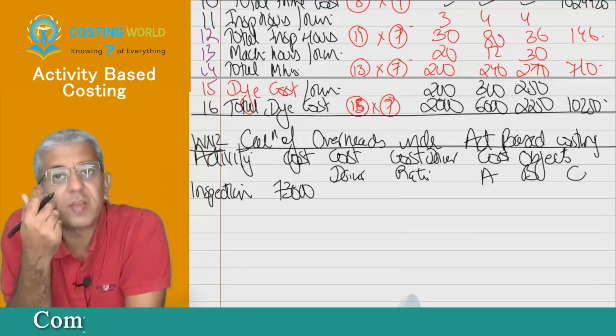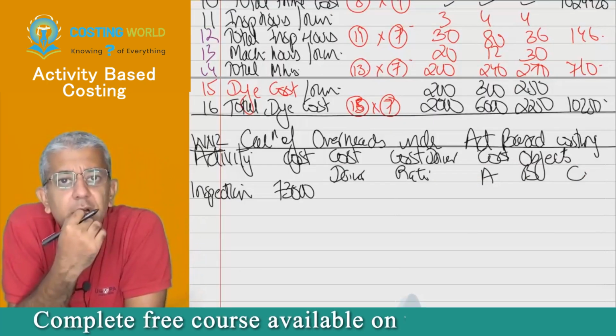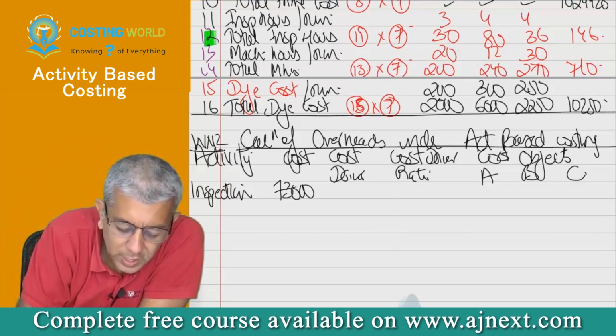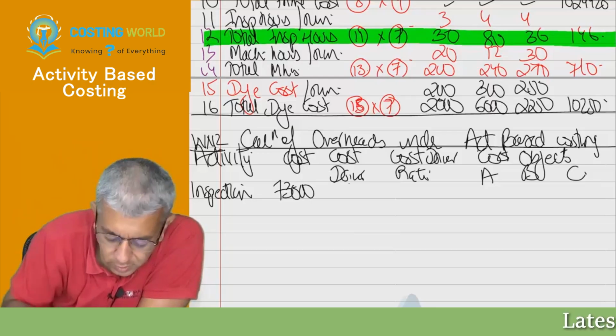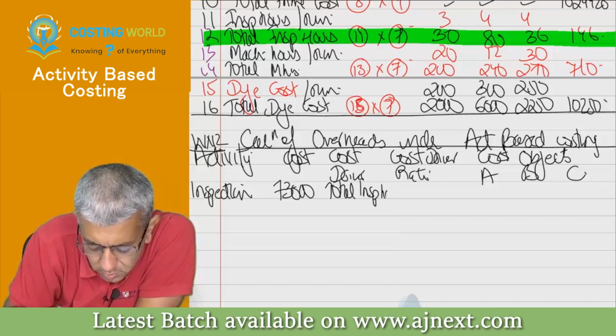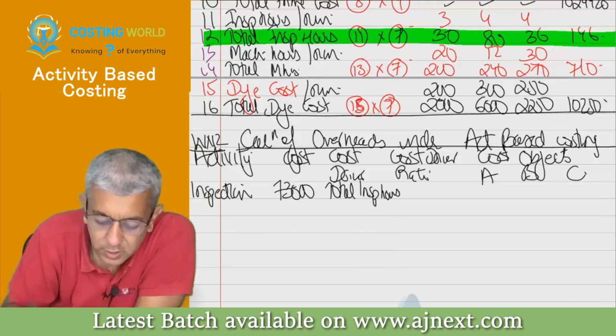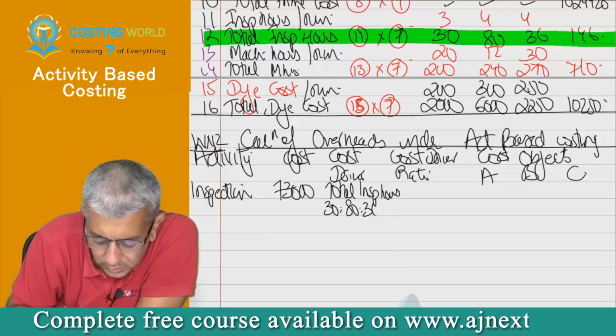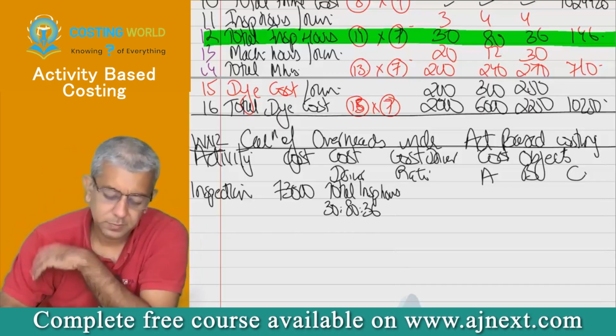Now one thing that we have already discussed: for inspection cost, our cost driver is going to be inspection hours, that is over here, beta. So write down total inspection hours. 30, 80, 36.